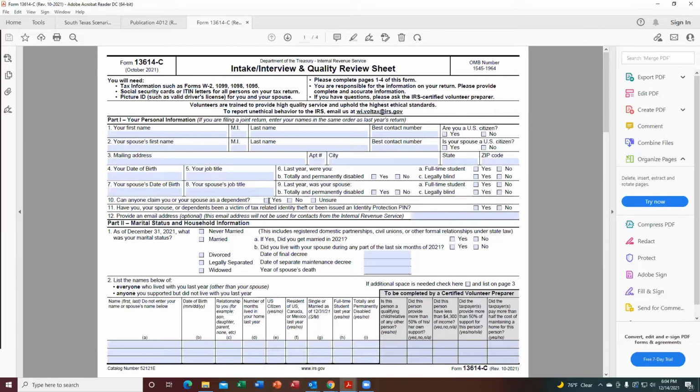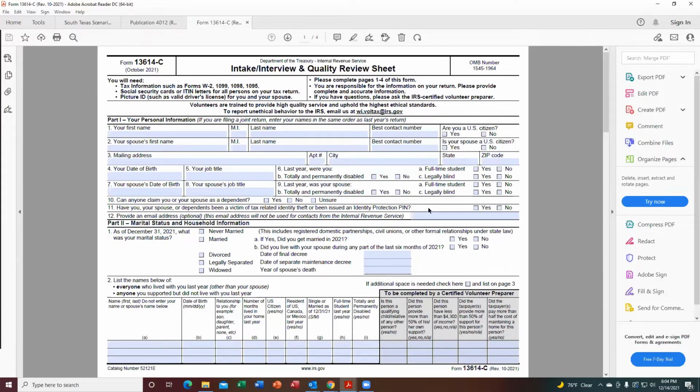So question number 10 becomes very important, especially when we figure out their age. And then if we get to converse with them and so forth, we figure out, okay, then more than likely your parents are going to be claiming you. So number 10 is extremely important when we're looking at this form.